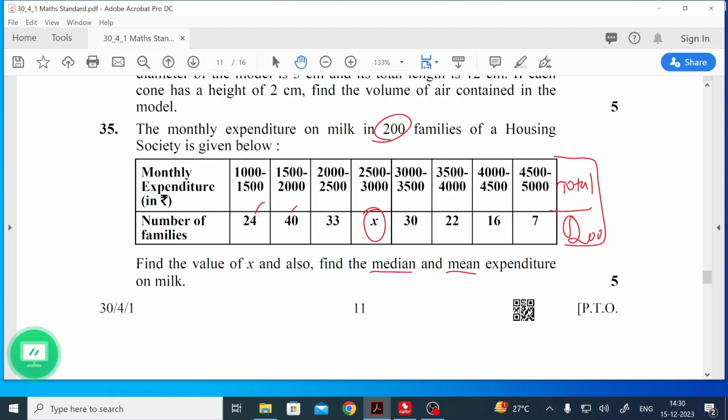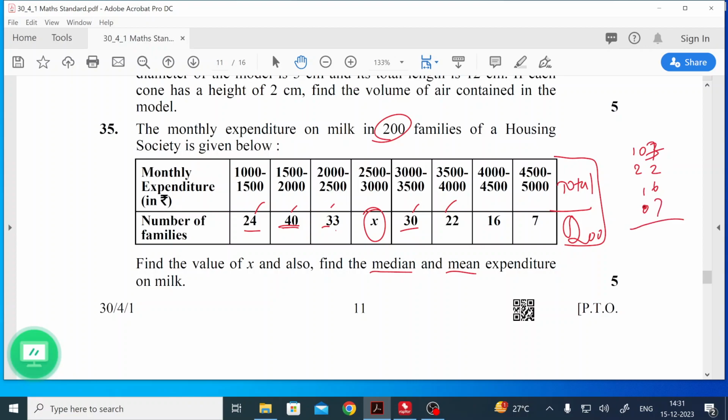What is it? 24, 64, 74, 77, 77 plus 30 is 107, and 22, 16 and 7.